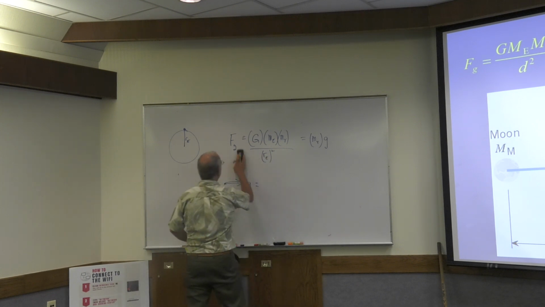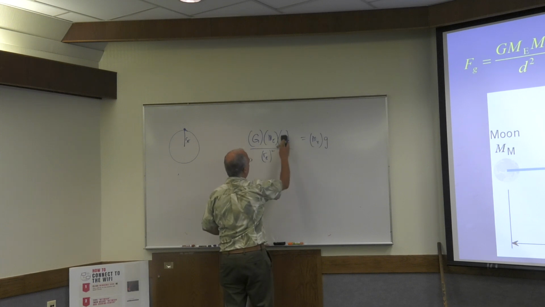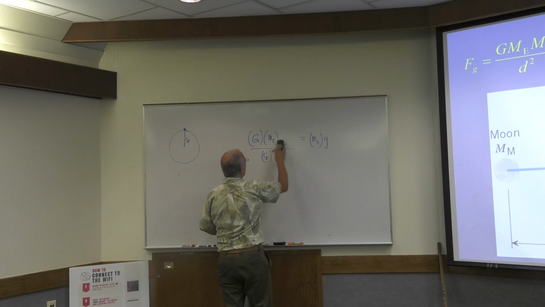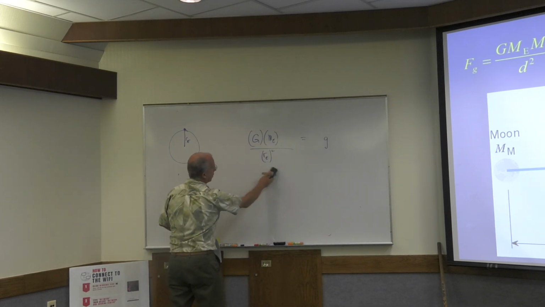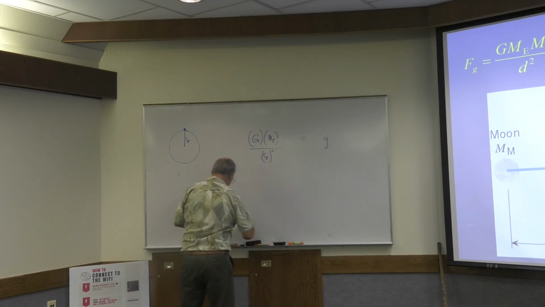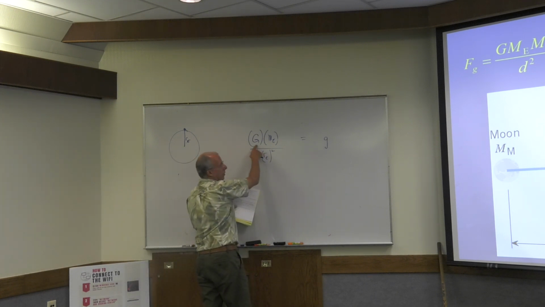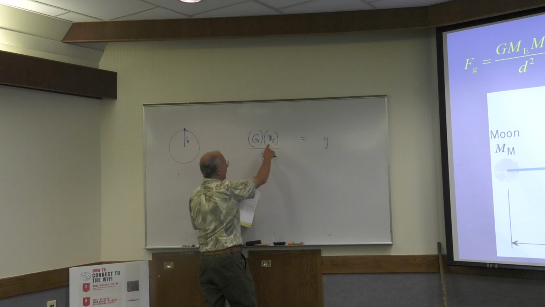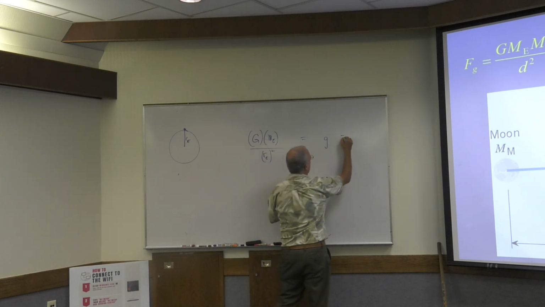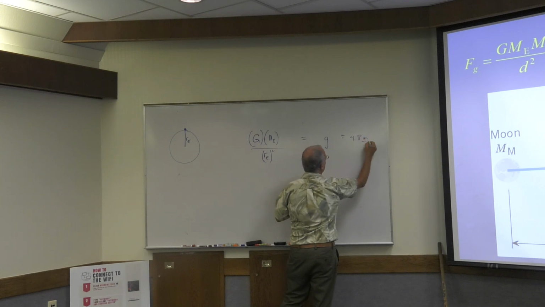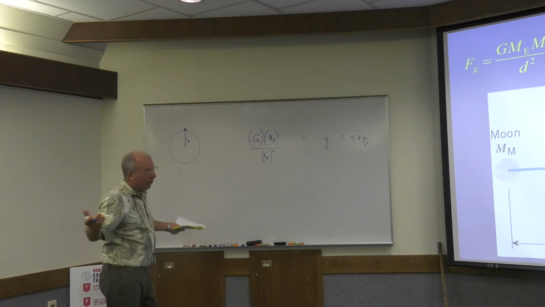What can we cancel? We can cancel the mass of you. So that equation right there is g. Lowercase g is the gravitational constant times the mass of the Earth divided by the radius of the Earth squared. And that's 9.8 meters per second squared. Okay? So there you go.